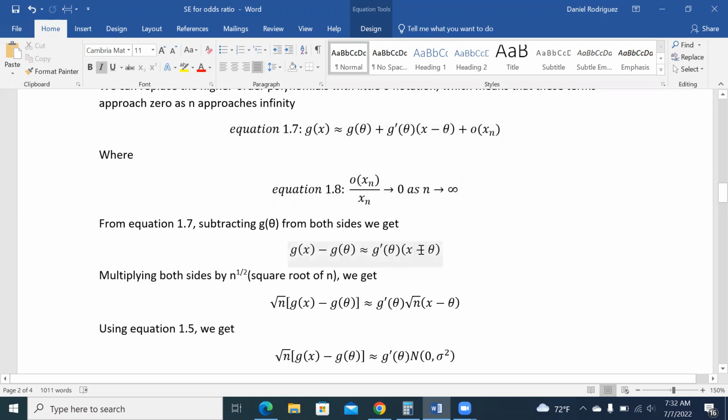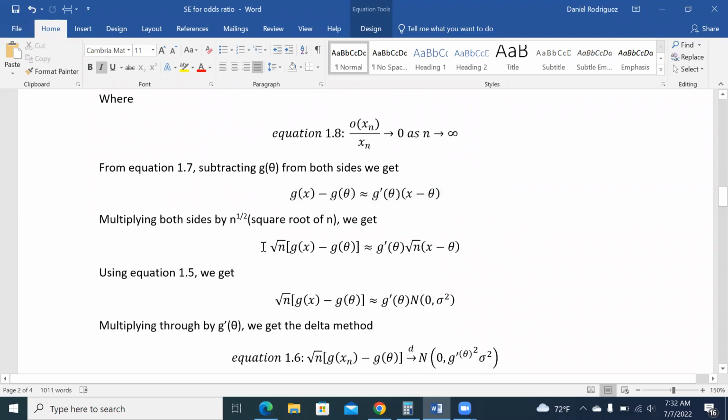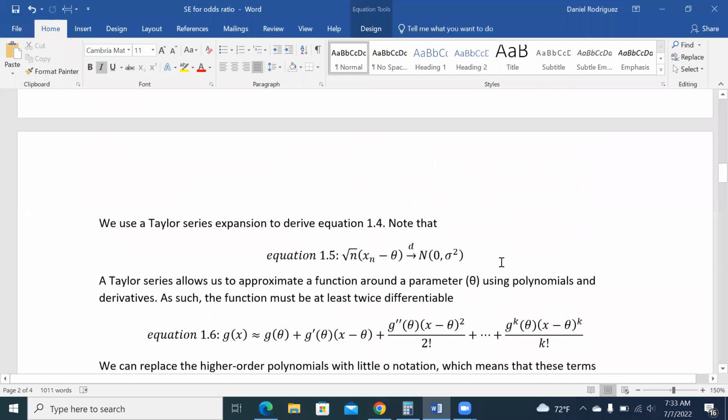This is your prototypical looking term from a Taylor series. You might see something like x minus c. It just shows how it behaves around some parameter estimate. So we multiply both sides by the square root of n. N to the 1/2 is the same as the square root of n, if you don't know. So this is where we get this really nice looking function, something that we've already seen previously. So using equation 1.5, we go back here, right?